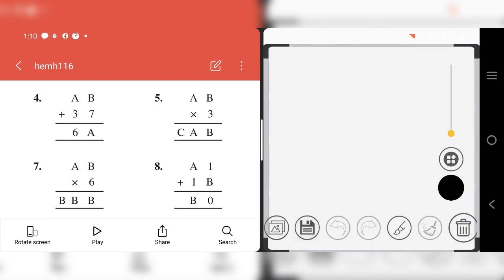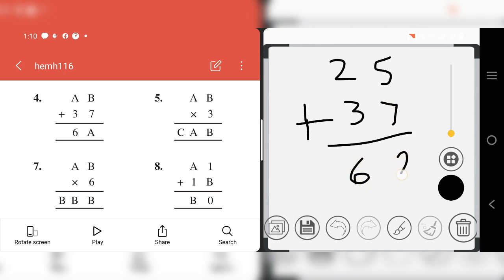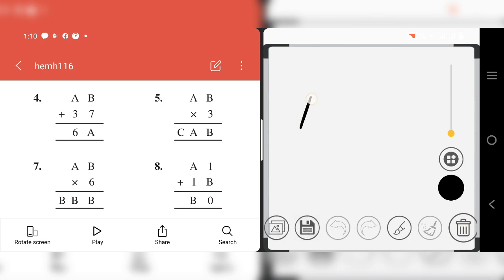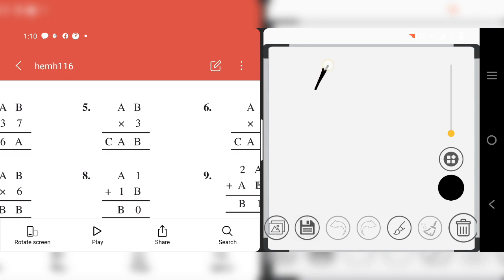Let's write it once again. 25 plus 37 is equal to 62. We have found the value of b is 5, the value of a is 2. So our answer is correct. The value of a is 2 and the value of b is 5. Next, fifth one, ab into 3 is equal to CAB.